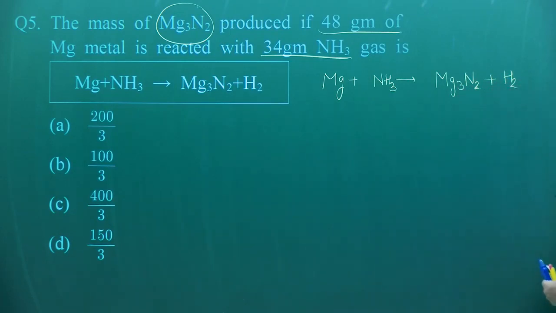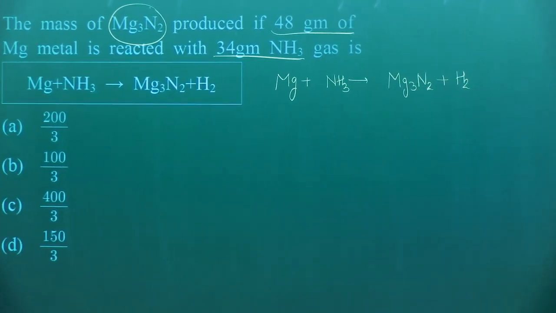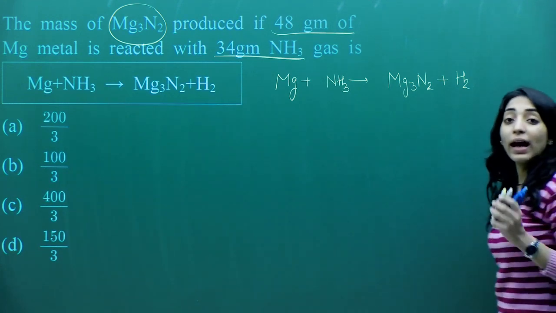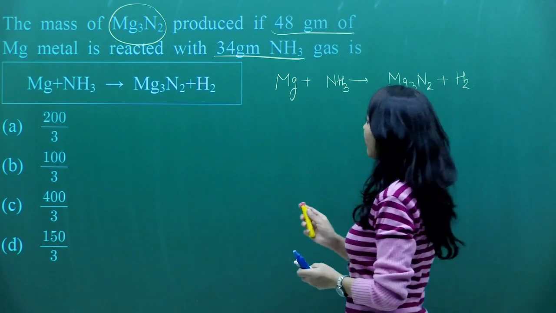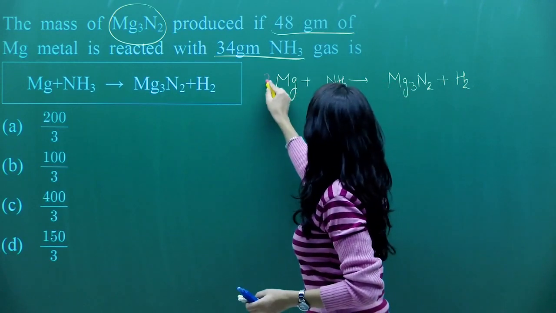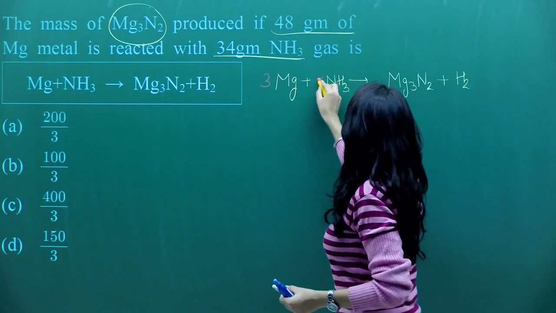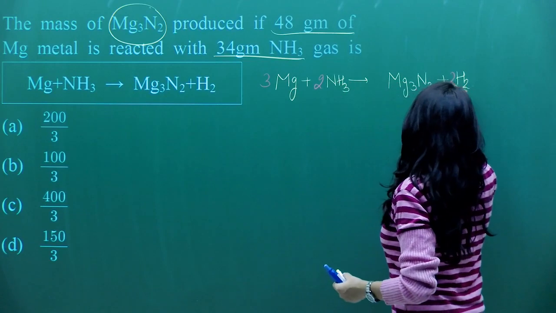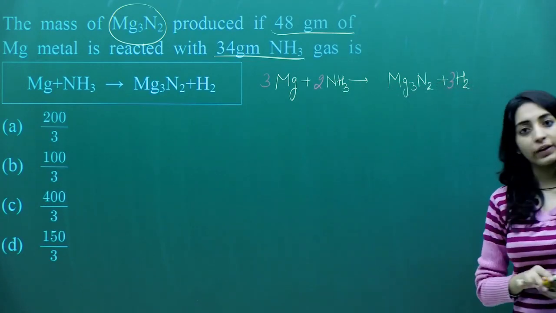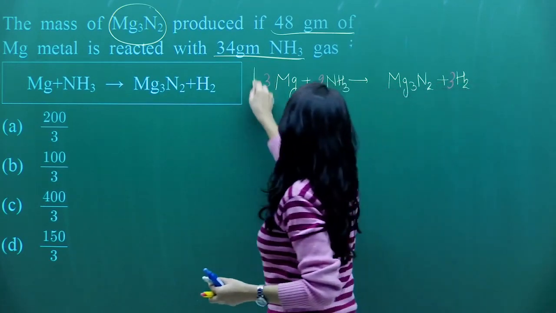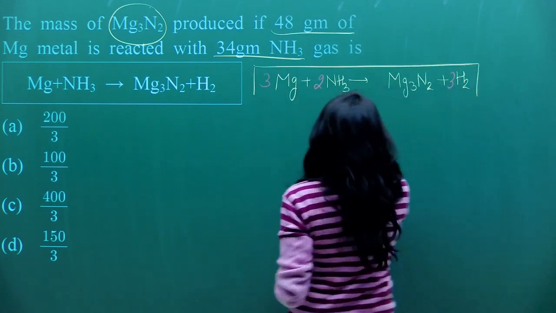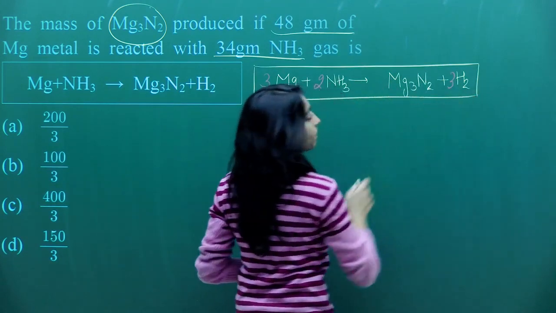Guys, see, although he has given you the equation, don't be so happy that wow, he has given us the equation. You need to make sure that the equation that is given to you has to be first balanced, right? So 3 magnesium, put a 3 here, 2 nitrogen, put a 2 here, 6 hydrogens, put a 3 here, right? Now I have got something as a balanced chemical equation.